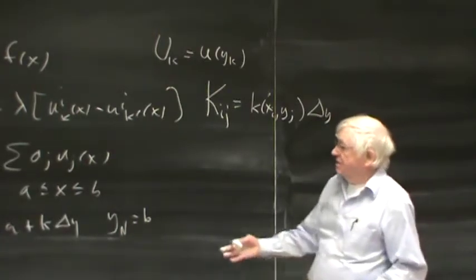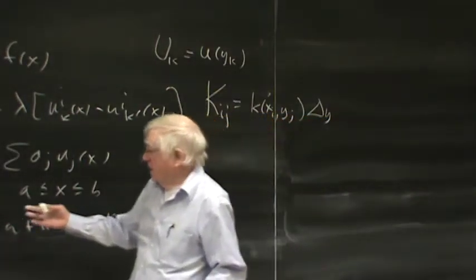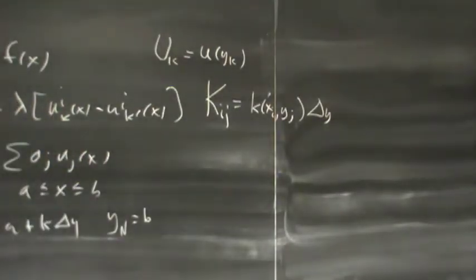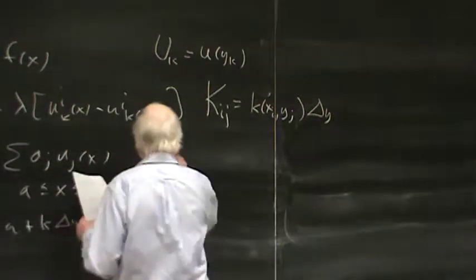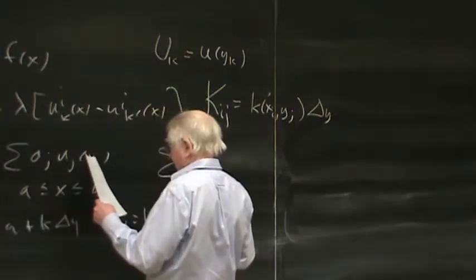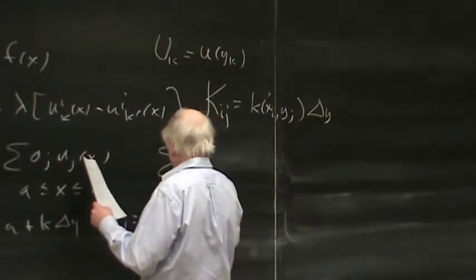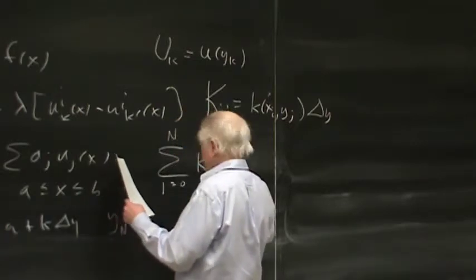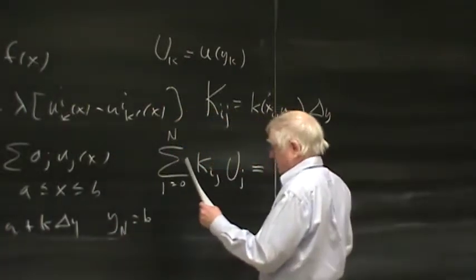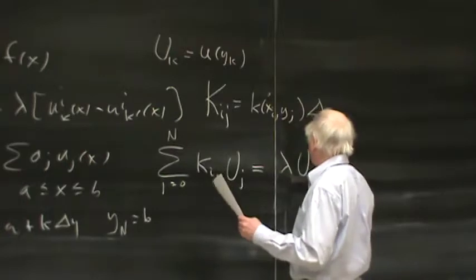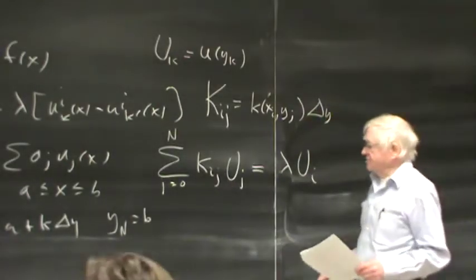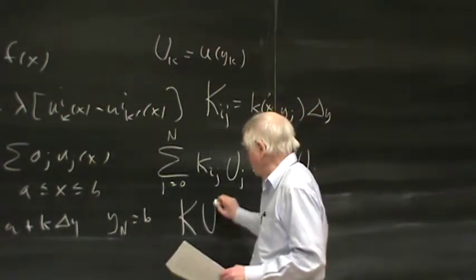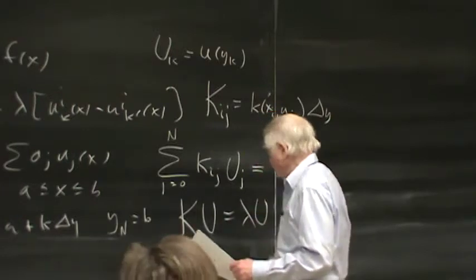And now this homogeneous Fredholm equation of the second kind for an eigenvalue lambda becomes a matrix equation, a sum on j equals 0 to n, Kij uj is equal to lambda ui. In matrix notation, that's just Ku equals lambda u.